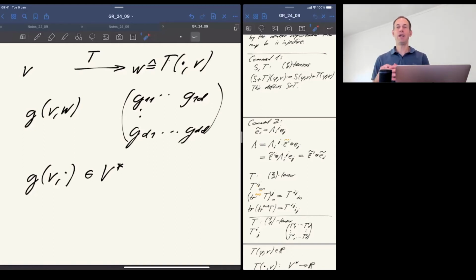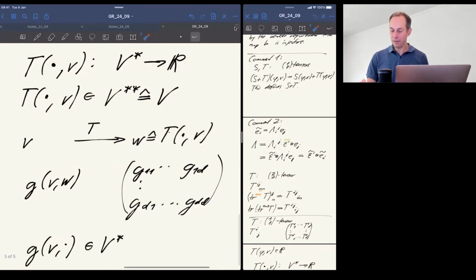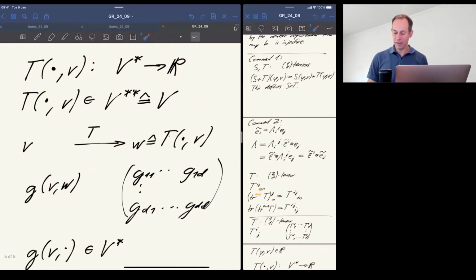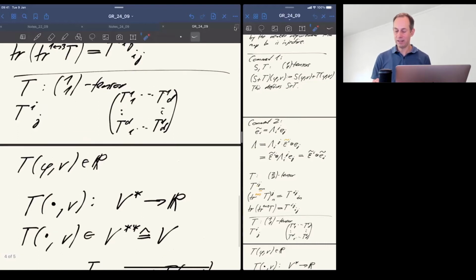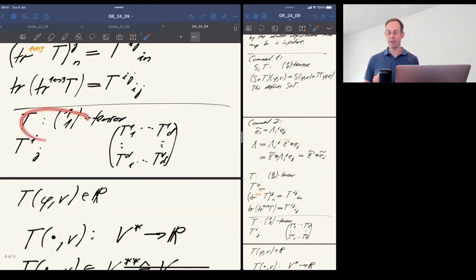So if you are given this matrix and I ask you what this linear map is in a different basis, if it's an operation from V to V star, it will transform differently than if it's an operation from V to V. That's exactly reflected by the fact that these are mathematically very different elements. This G is a 0-2 tensor, and we know that the components of 0-2 tensors transform differently than the components of a 1-1 tensor.